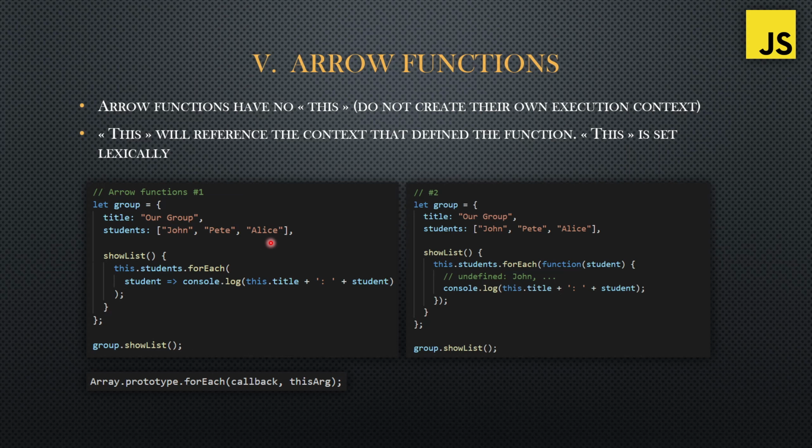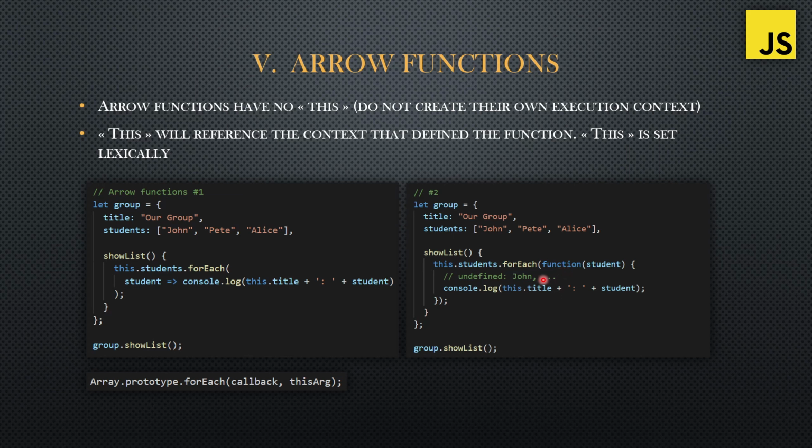In the second example, this is exactly the same example, but you use a classical function. So you will still call the object with group as the value of this. So there is no problem here, group.student.forEach. But since you create a new function, it will create its own execution context.